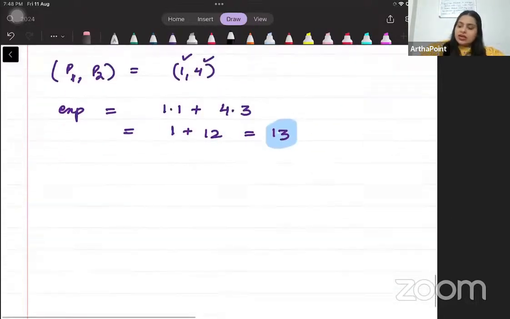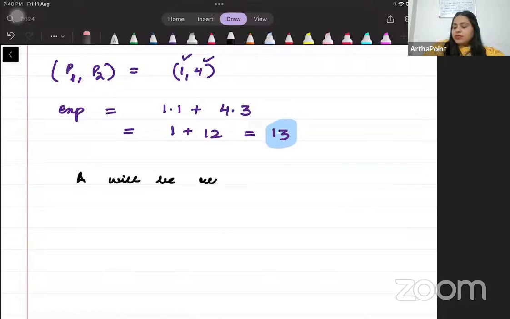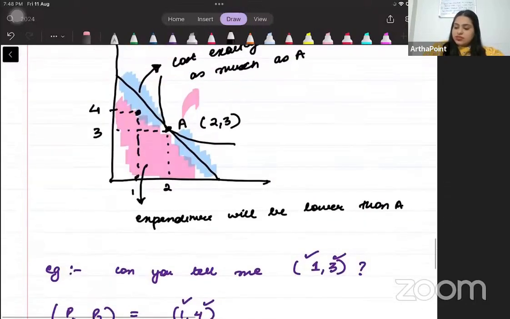So clearly A will be revealed preferred to this bundle B. If I just name this bundle B, A will be directly revealed preferred to B. So first of all, we are trying to check what is the meaning of direct revealed preference.